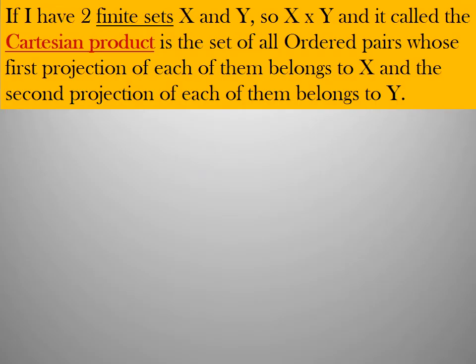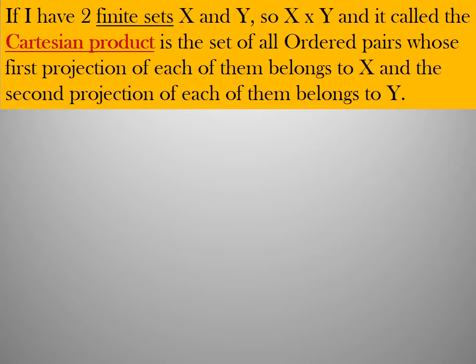Now I will tell you something about the Cartesian product. What does Cartesian product mean? If I have two finite sets, x and y, finite means the set's items I can count. It's not infinite, it's finite, like x.